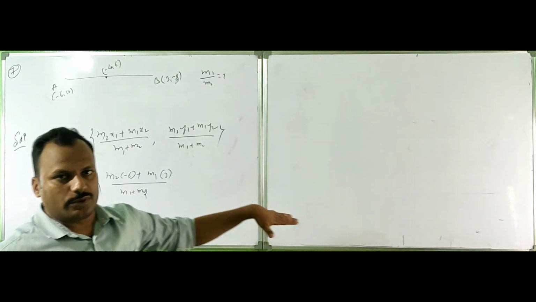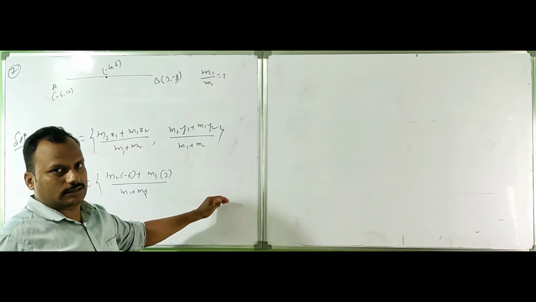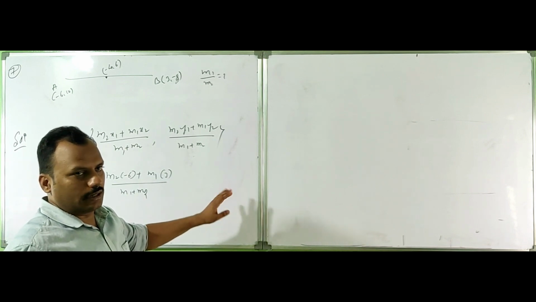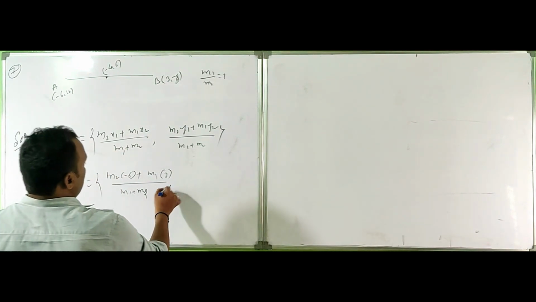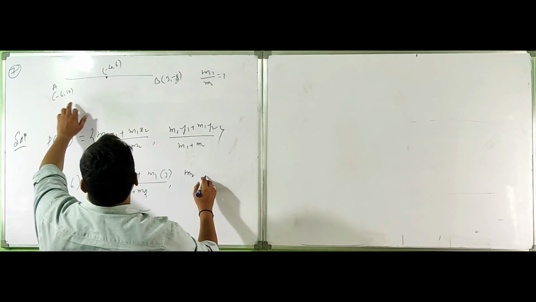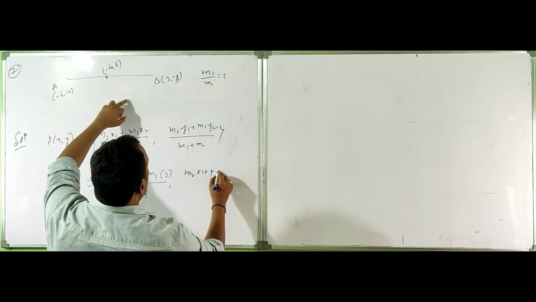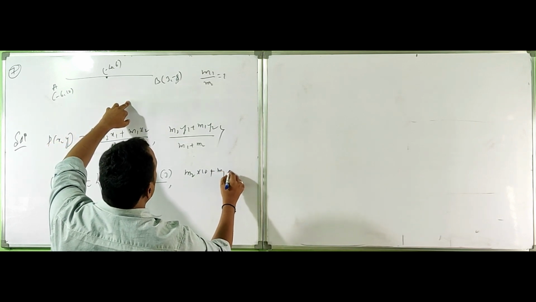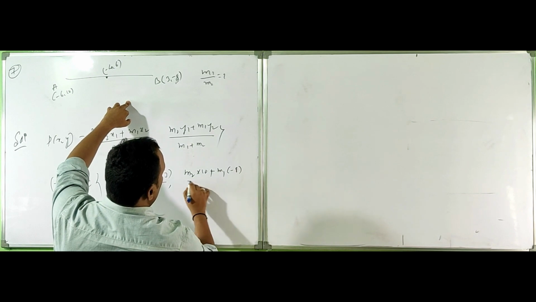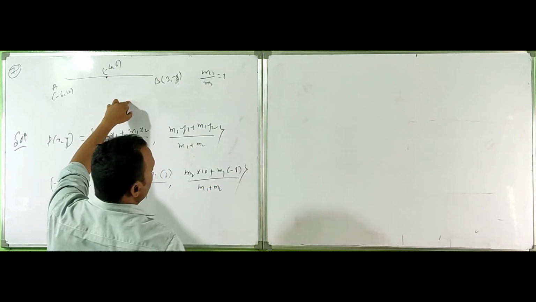In geometry it is very easy to calculate, but if the order changes, the whole answer becomes zero, negative, or different, which is not accepted in examinations. Then m2 times y1, here 10, plus m1 times y2, here -8, divided by m1 plus m2, right?